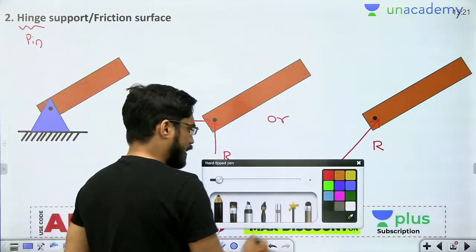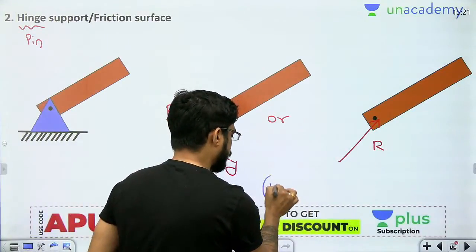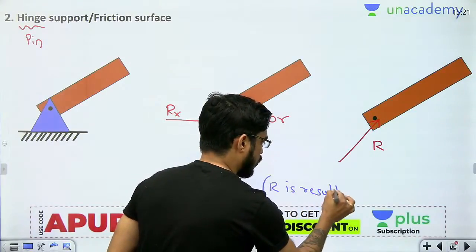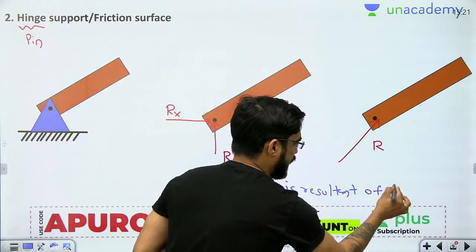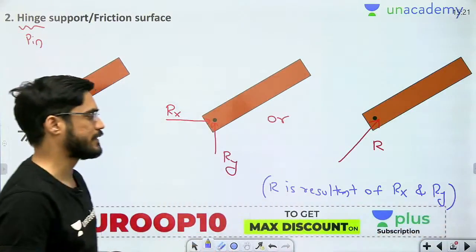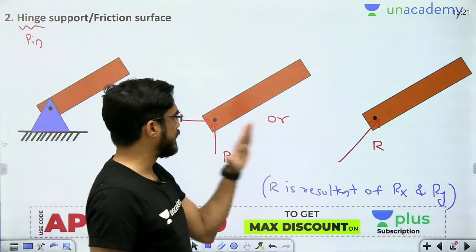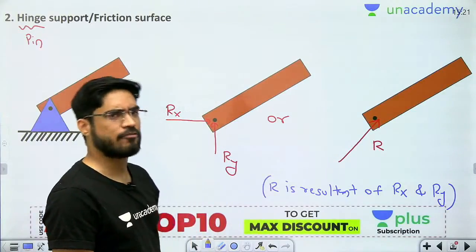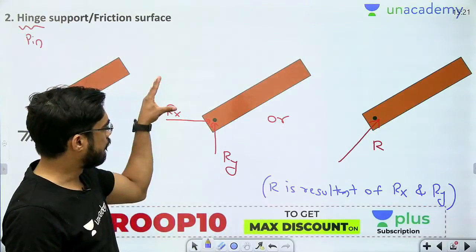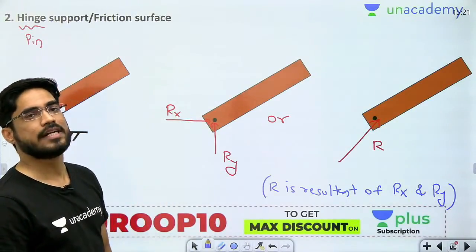What is R? R क्या है? R is the resultant of Rx and Ry. Do you understand this? R is the resultant of Rx and Ry.